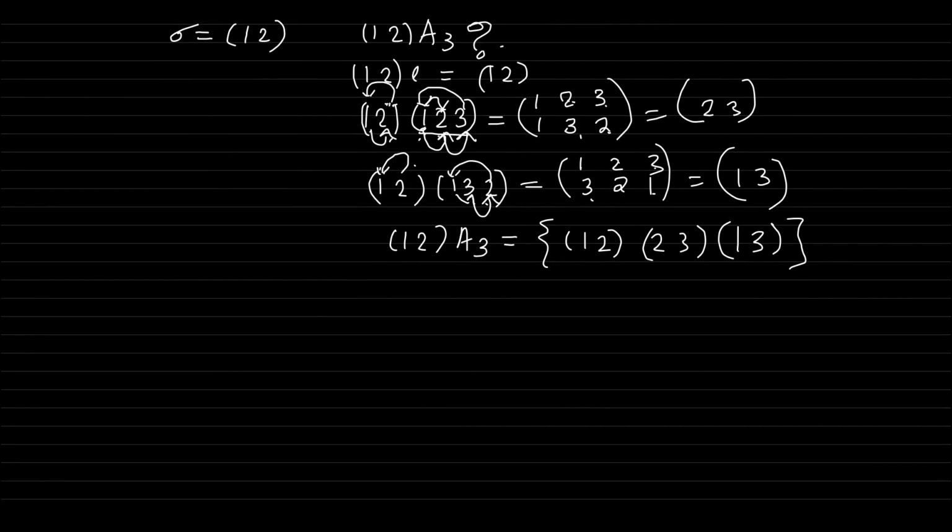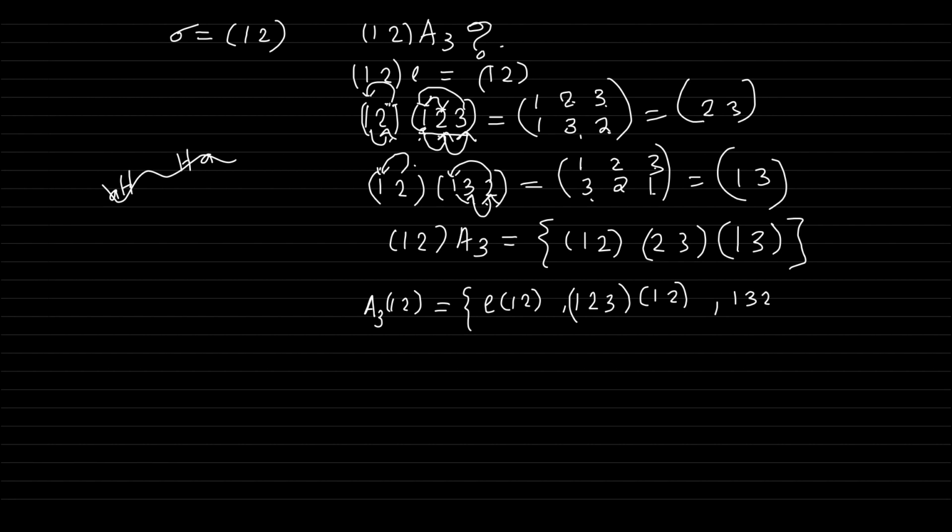Now let us find the right coset A3(1 2). Note that AH is the left coset and HA is the right coset. So the right coset of A3 is equal to the set {identity(1 2), (1 2 3)(1 2), (1 3 2)(1 2)}.